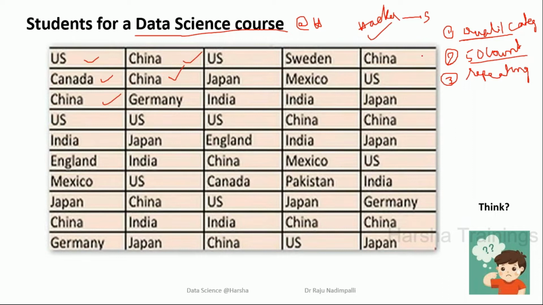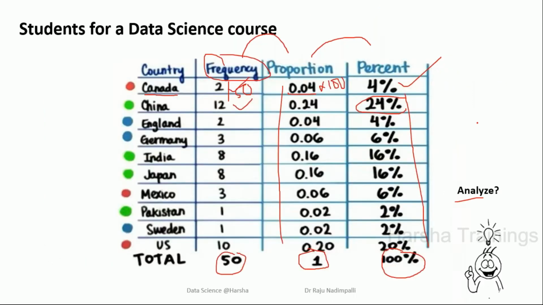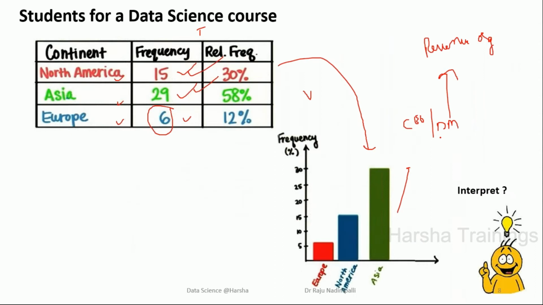Now, we have taken these 50 countries of data and converted the data into visualizations. Now, clear for everyone? Yes, sir. Now let me go to the next data set.